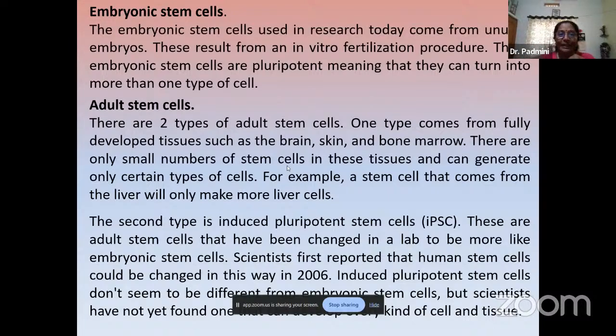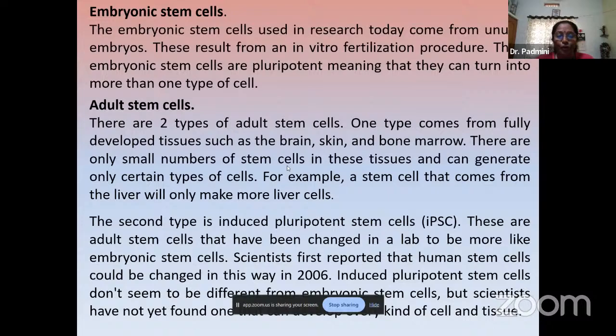So there is a second type of stem cell. This is a very important point, because this is fast growing into an important type of stem cells, called induced pluripotent stem cells. Here we are going to induce the cells to form pluripotent cells. Remember, a pluripotent stem cell is going to form the different germ layers that we are talking about, that is ecto, meso, and endoderm.